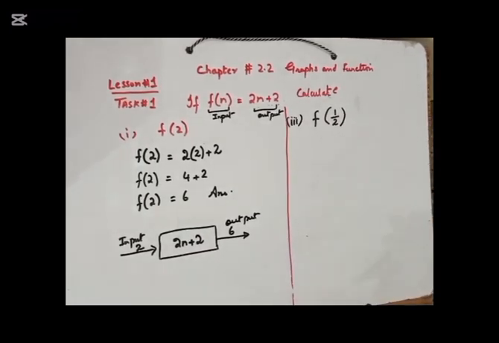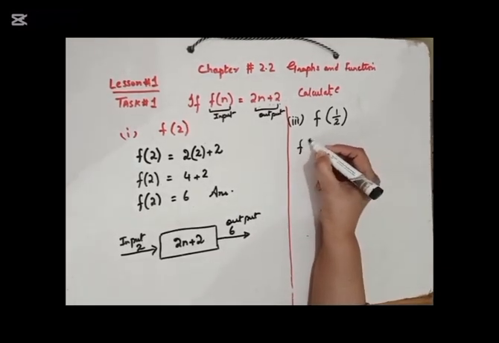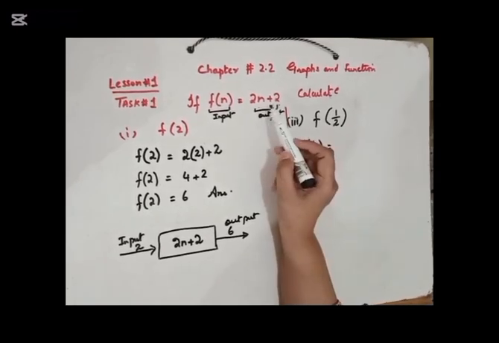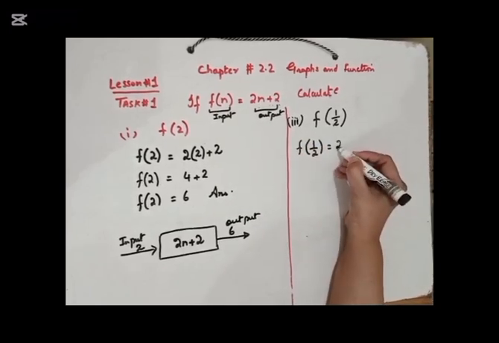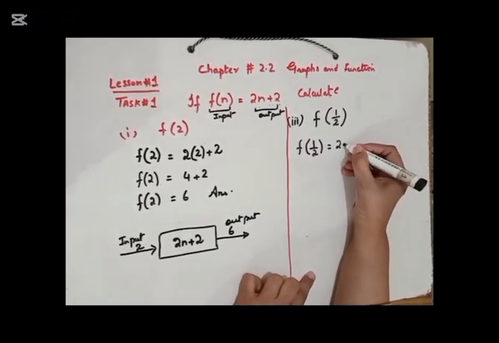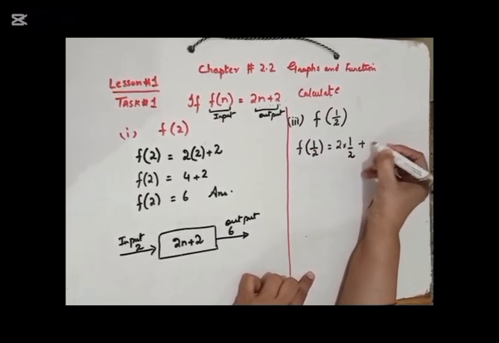The same method we have followed: instead of n, here we have to write 1 upon 2, and in this equation also substitute 1 upon 2 instead of n. It is 2n, so we have to multiply 2 by 1 upon 2, okay, plus 2.